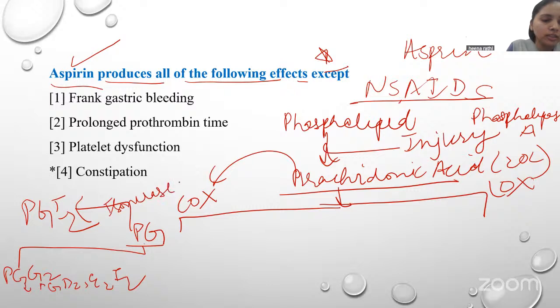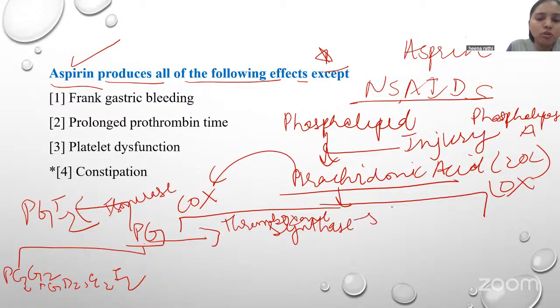And this prostaglandin can work through the thromboxane synthase enzyme, leading to the formation of TXA2. Thromboxane synthase, as the name suggests, is responsible for the synthesis of thromboxane.